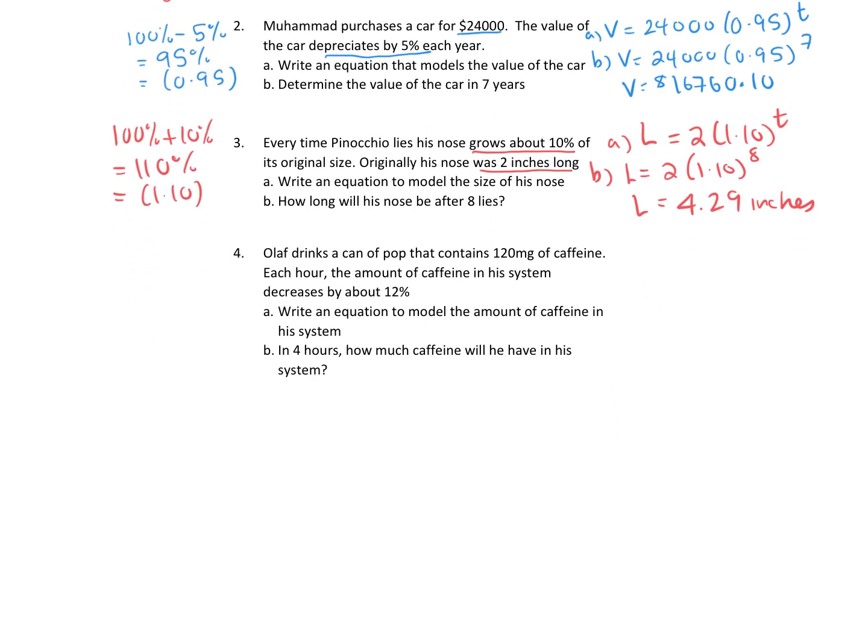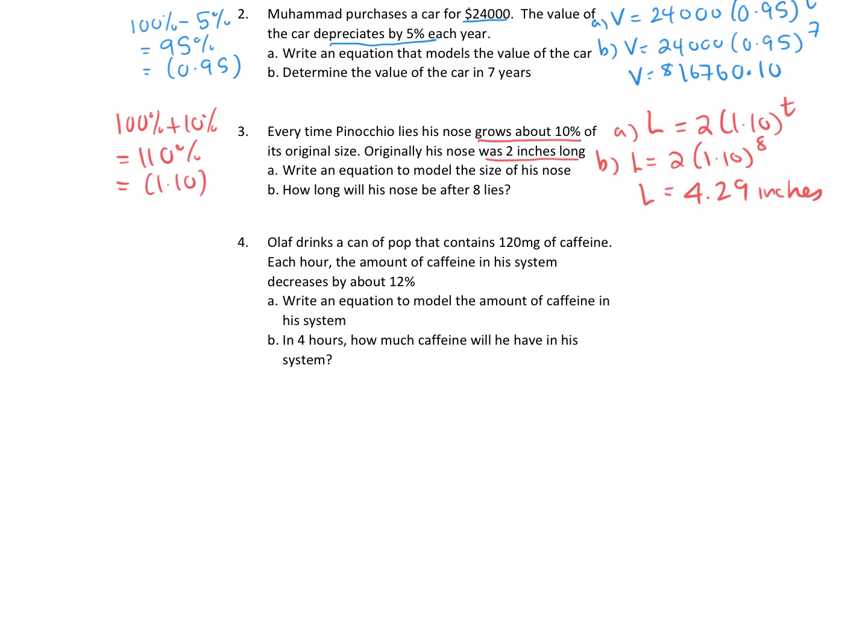And then the last question, we have Olaf drinking a can of pop that contains 120 milligrams, so that's the original amount. The amount of caffeine decreases by 12%. So I'm going to use A for amount of caffeine. The original amount was 120.